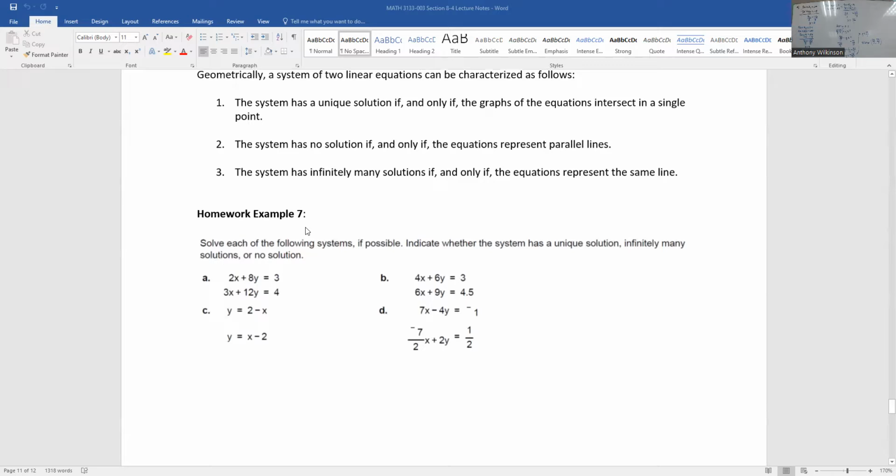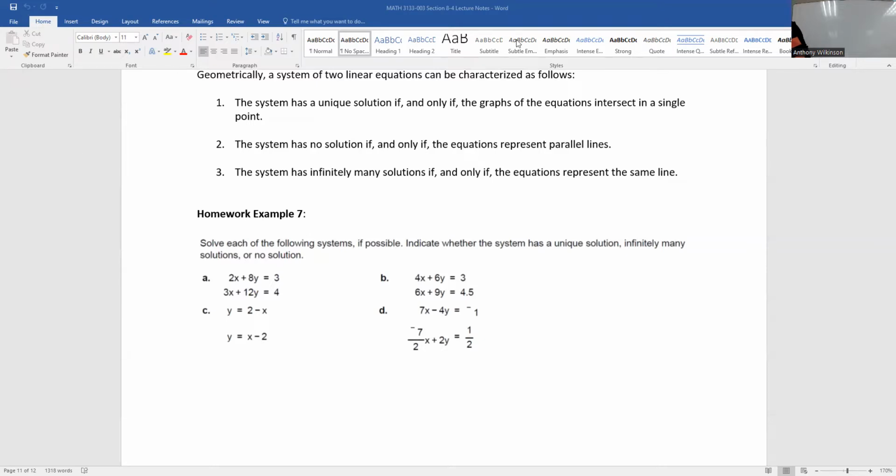Let's say I want to solve each of the following systems if possible. Okay.